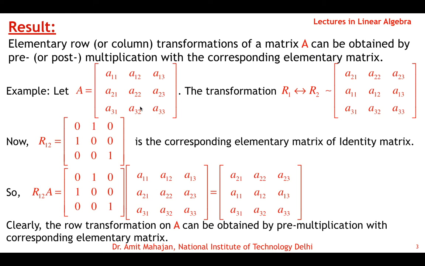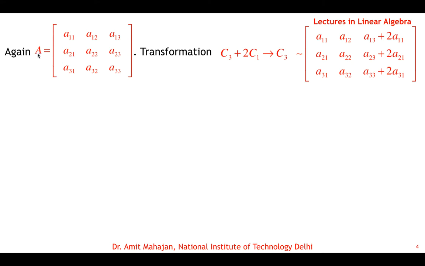Similarly, if instead of a row operation we apply any column operation on the matrix A, the result can be obtained as a post multiplication with the corresponding elementary matrix. So let me take an example again. Say again you are given a matrix A and we use the column transformation that the third column is added to 2 times the first column and the result is impacted on the third column.